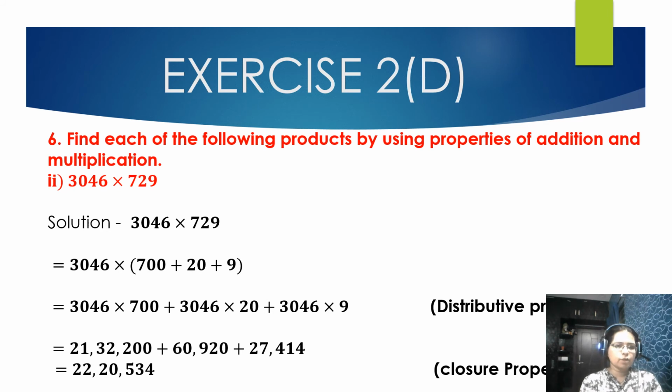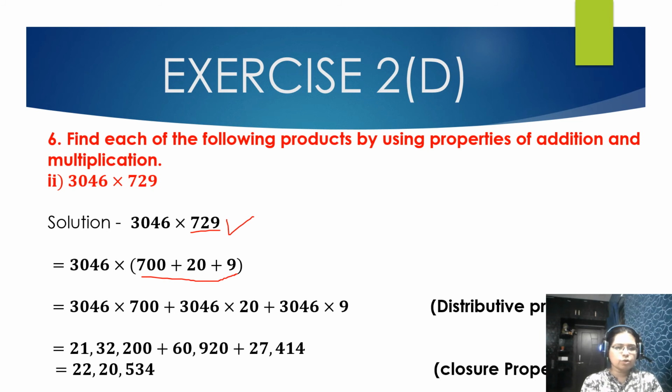Now we will find the value of 3,046 multiplied with 729 using the properties of addition and multiplication. We can write 729 as 700 plus 20 plus 9.